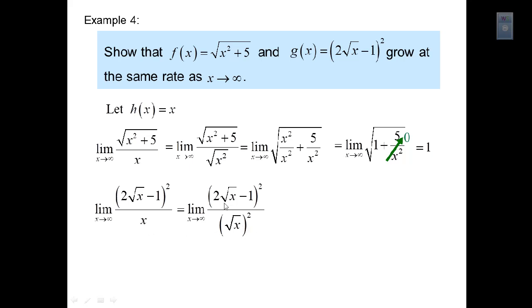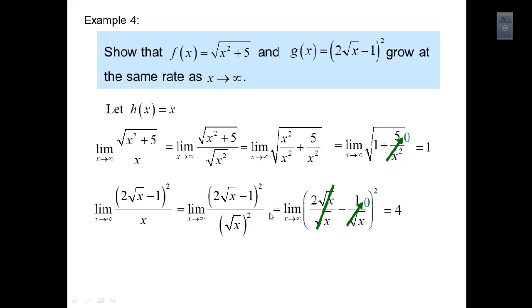But now we've got something we can actually deal with, because we've got both of these squared, so we can put the whole thing in one big set of parentheses and divide that into both parts. So the 2 square roots of x over the square root of x, those are going to cancel out, of course, and 1 over the square root of x is going to go to 0. So those cancel out, leaving me with 2 minus 0. Oh, sorry, 4, because it's squared. That's right. Forgot the little squared thing there.